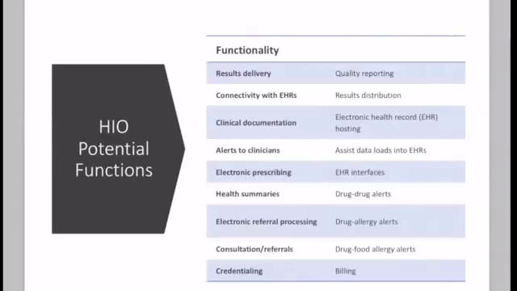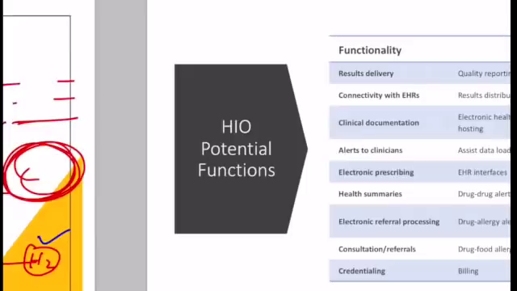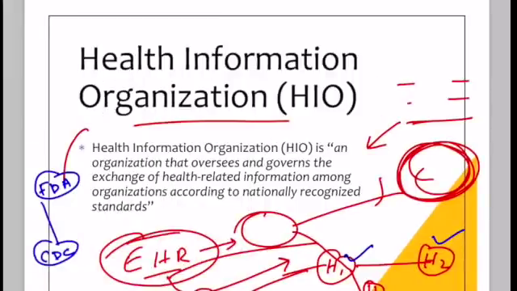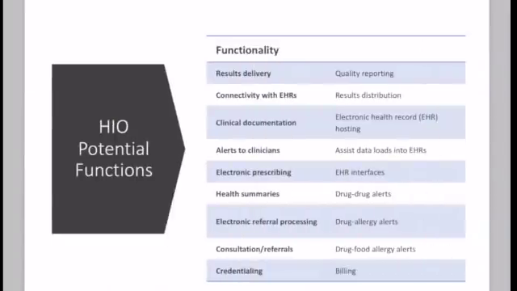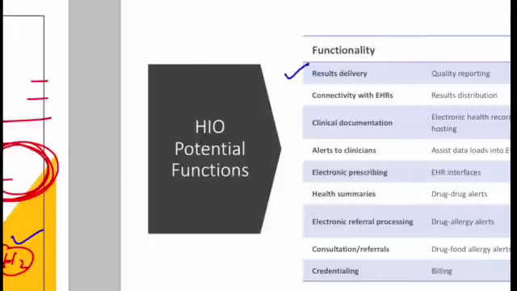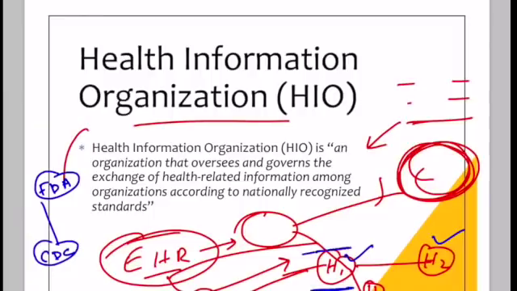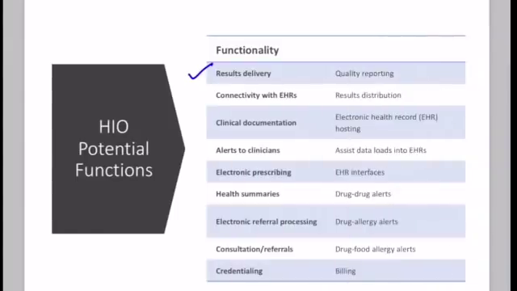Okay. Now, what are the potential functions of the HIO? In general, we see that an HIO helps in exchanging information across organizations. Now we are looking at specifics. The functions start with result delivery. For example, at the EHR level, at the hospital level, they have results about a patient or a number of patients, and if they would like to share them, that would be result delivery.